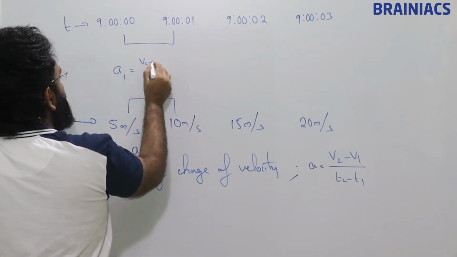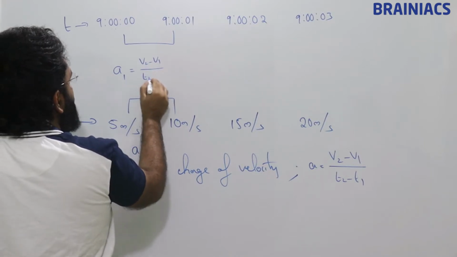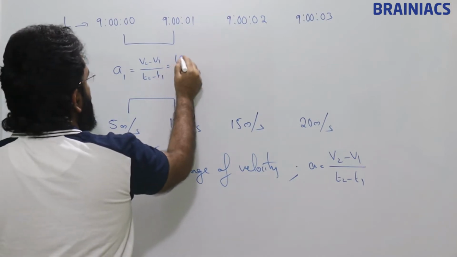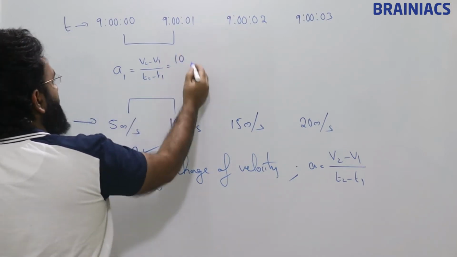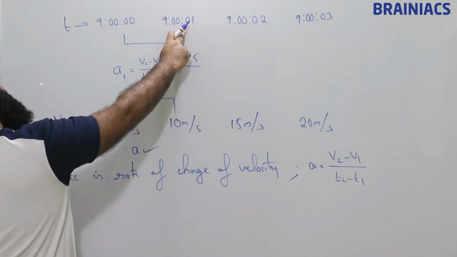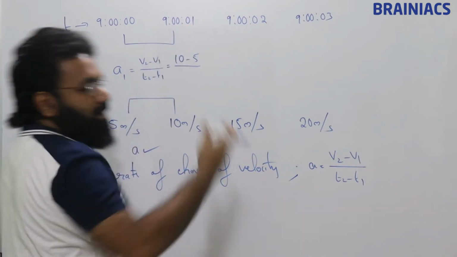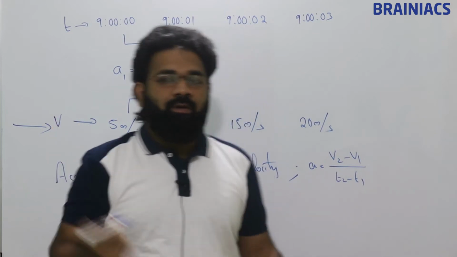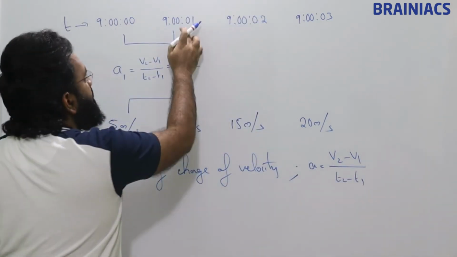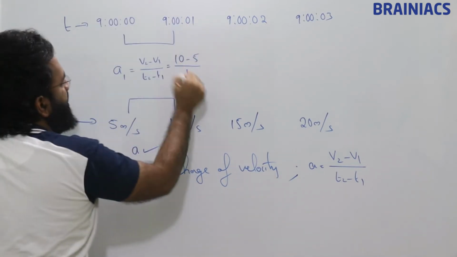So V2 minus V1 by T2 minus T1. What is V2? 10. What is V1? 5. What is T2? I can simply take 1 second. I need not write all those changes, so this minus this, directly I am writing 1.